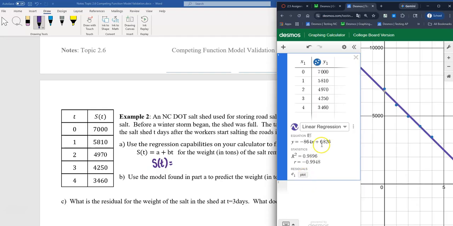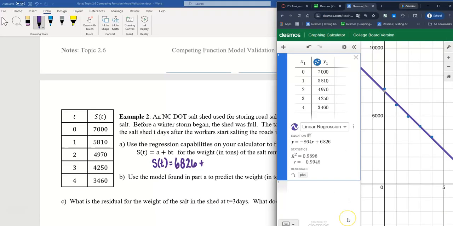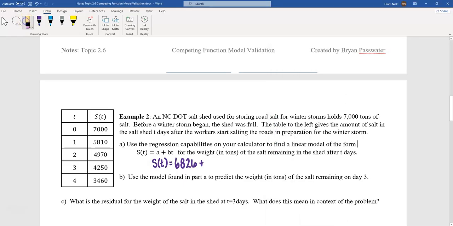So the 6,826 plus the 864. Actually, it would be minus 864t.